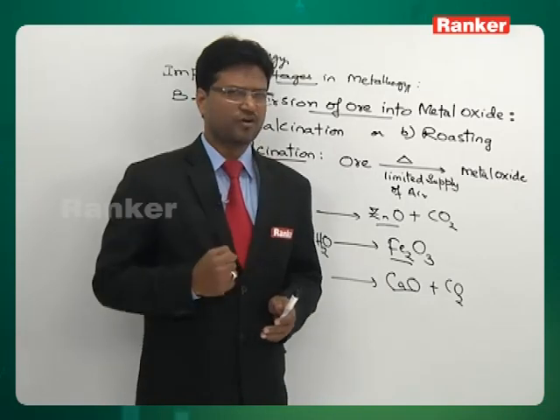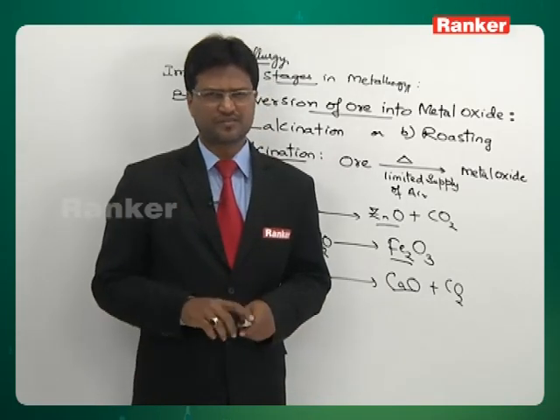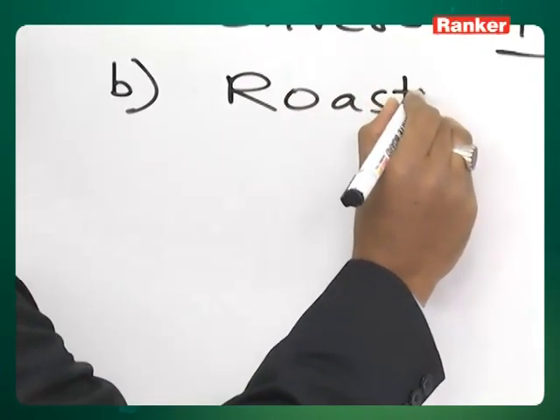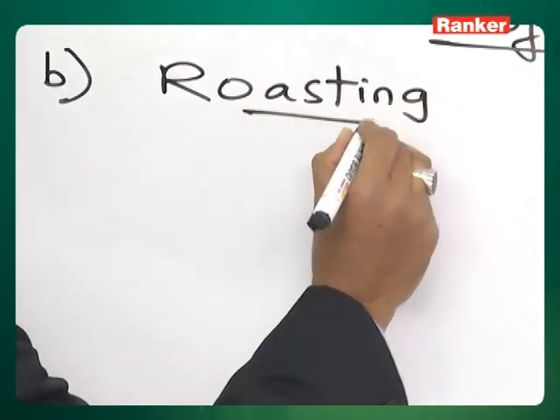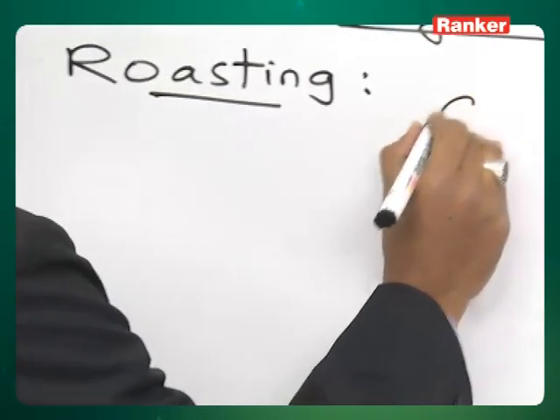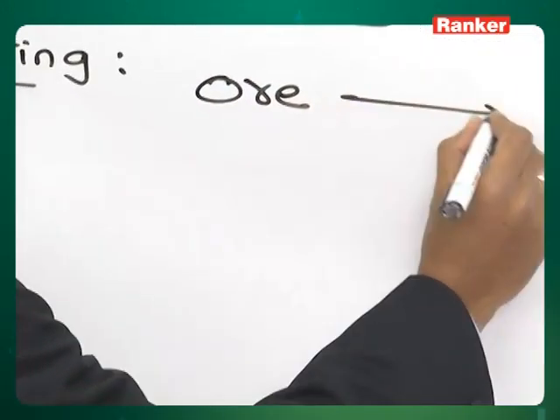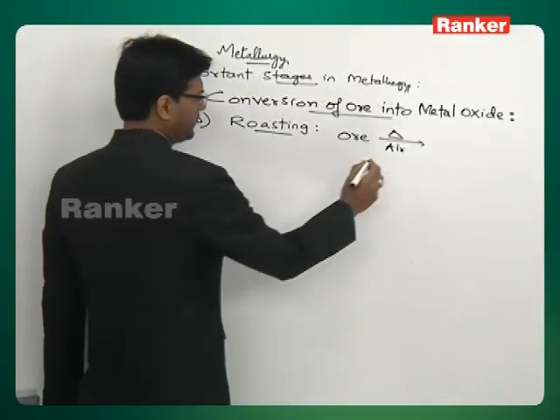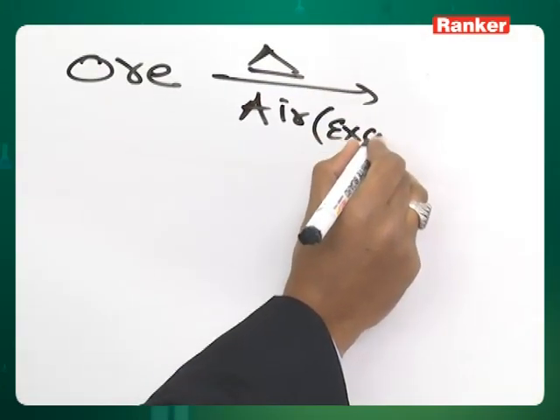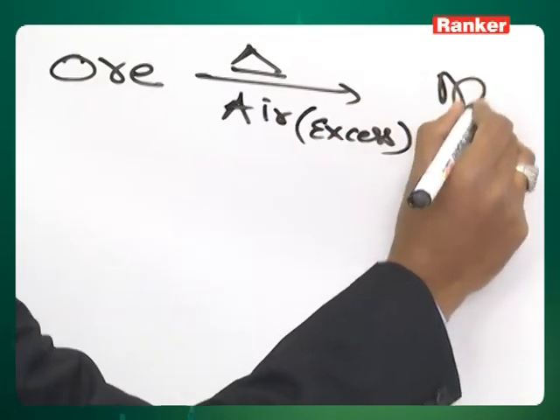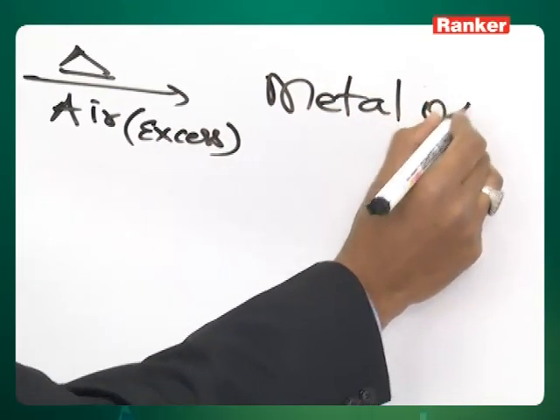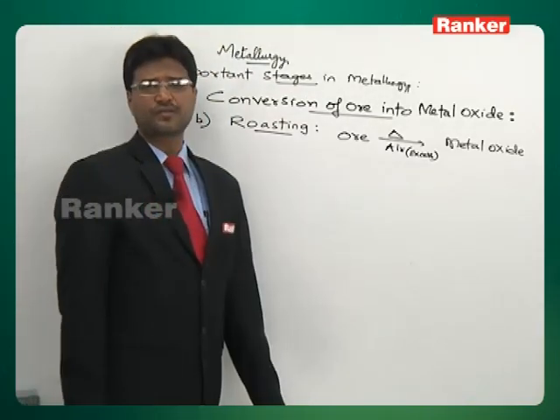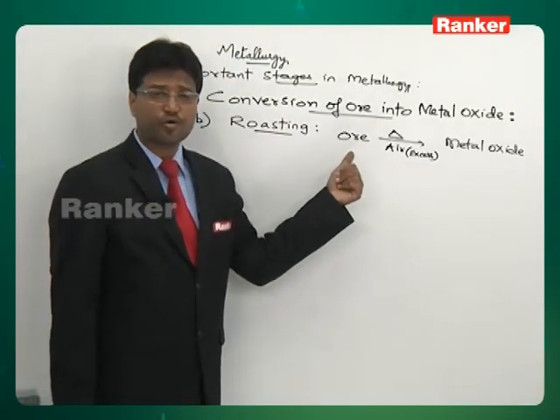Now let's see what is roasting, and we'll see some examples of roasting also. Here ore is heated in excess supply of air, you get metal oxide. It is compulsory that sulfide ores should be roasted.